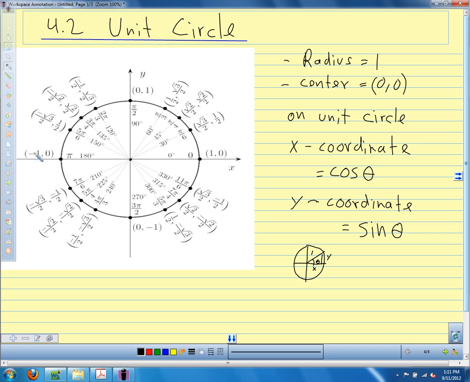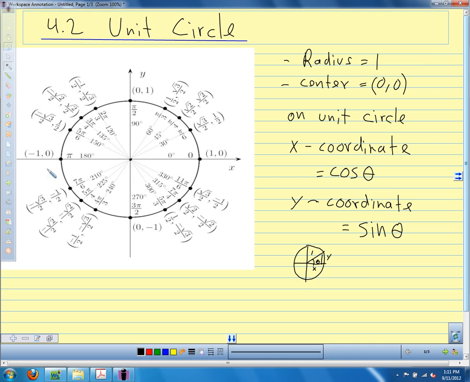Now it's at negative 1. And down here at the negative y-axis, it goes back to 0. And as I go around again, it goes back to 1. So what's going to be the range of the cosine? It goes from negative 1, that's the smallest it gets, and positive 1 is the biggest it gets. So the range of cosine is negative 1 to 1.